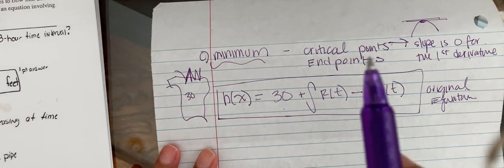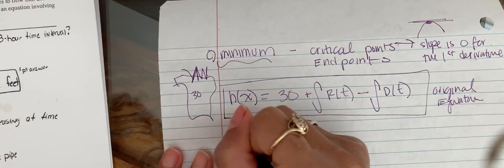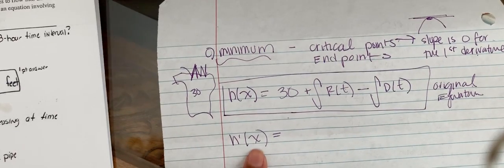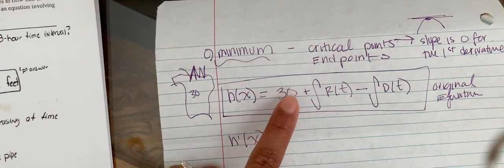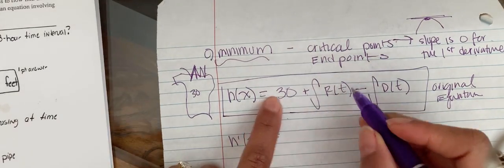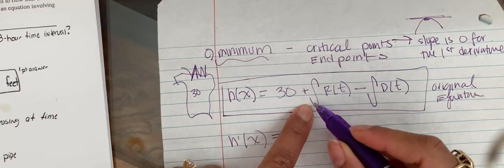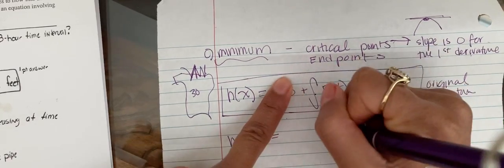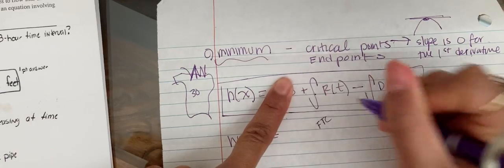That means in order to find the next equation, we need to take the derivative of it. So what is the derivative of 30? Well, that's going to be 0. So we don't need to write it. Now, what is the derivative of an integral? Now we're looking back at the fundamental theorem of calculus, right?